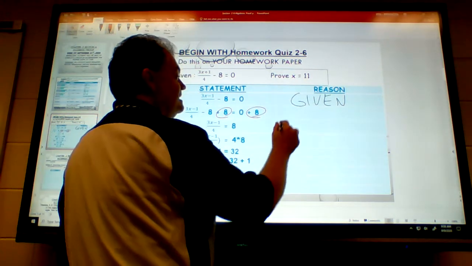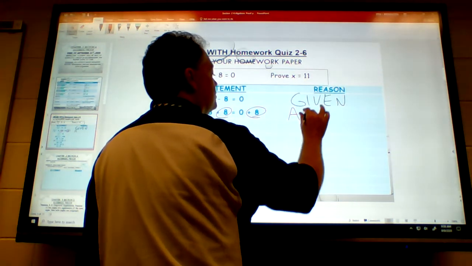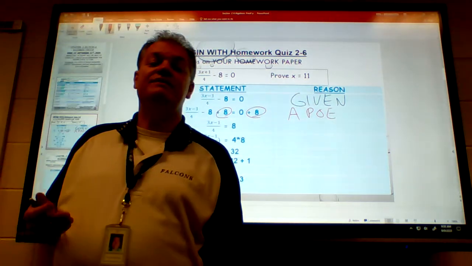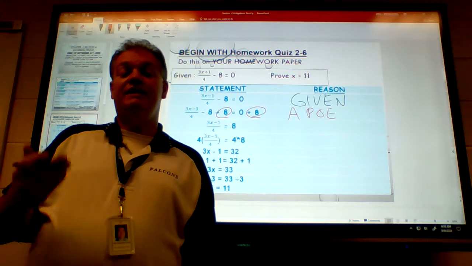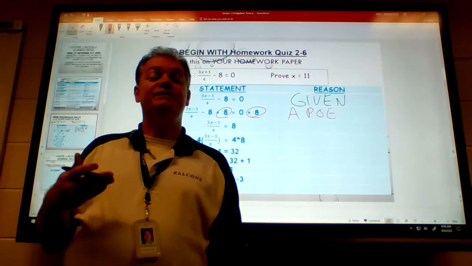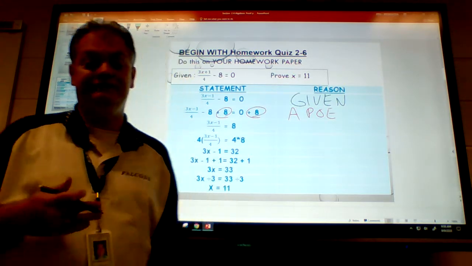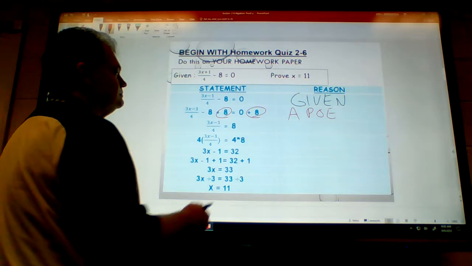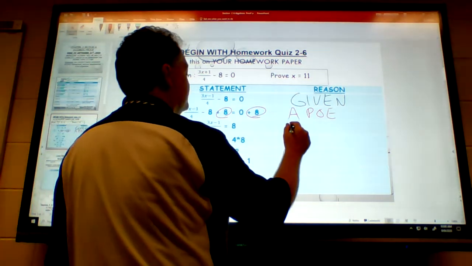By adding 8, that is the addition property of equality. And by the way, I don't care if you abbreviate this or write out the addition property of equality. I usually abbreviate it when I'm doing my notes here. And then, of course, you combine the like terms together, you simplify.